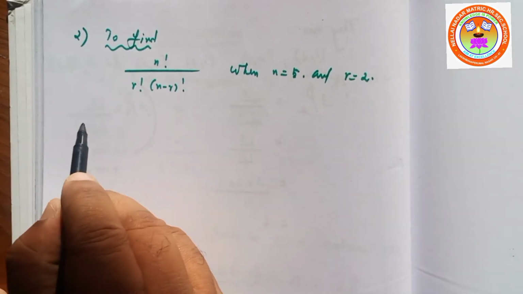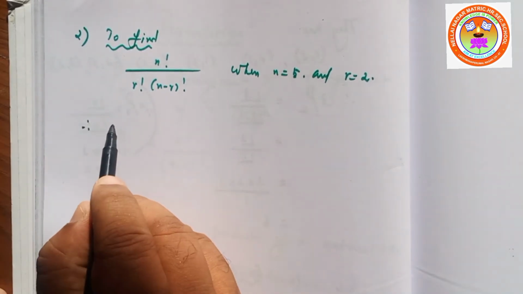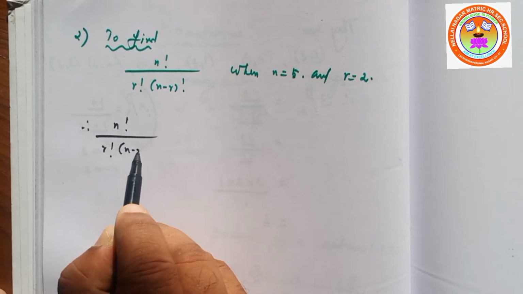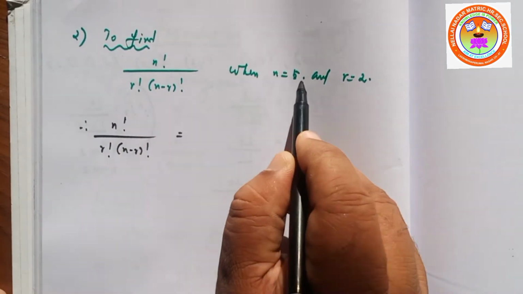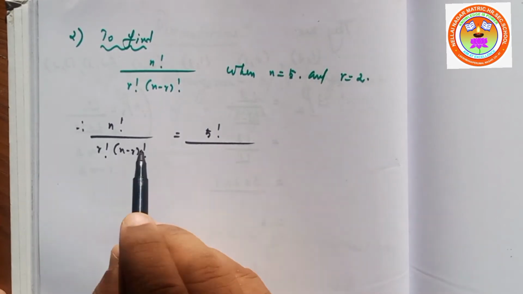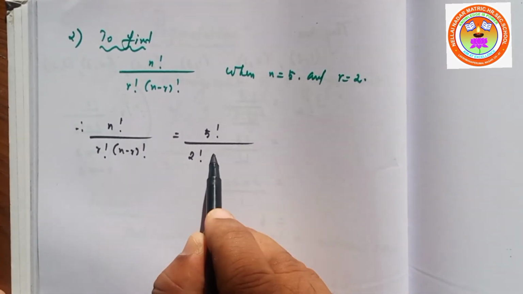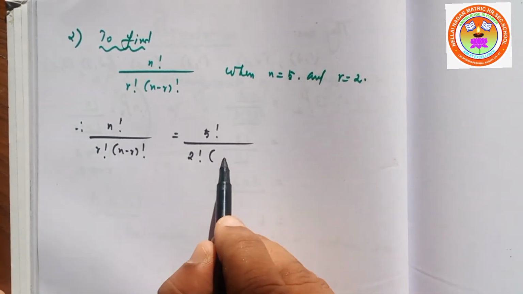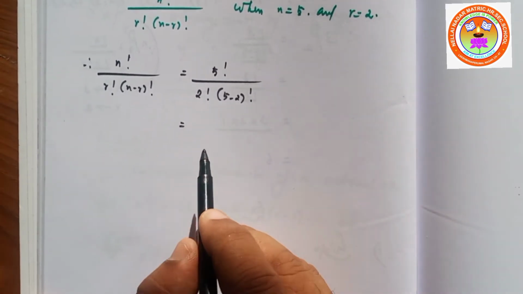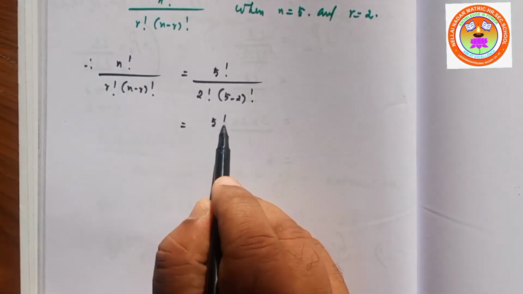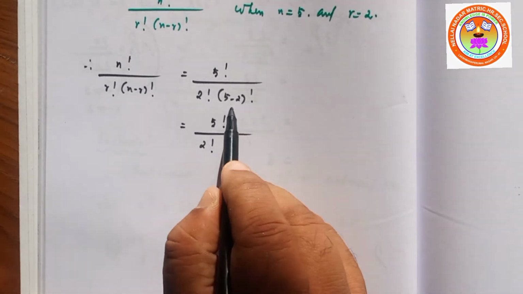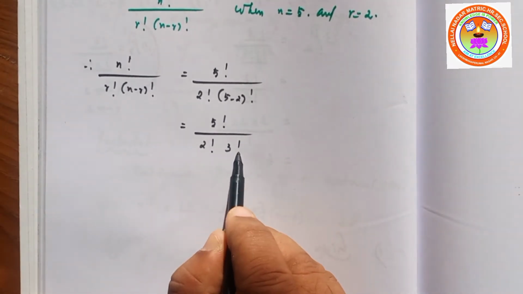So problem number 2, we are asked to find out this one, n factorial by r factorial into n minus r factorial, that is equal to n is 5, so 5 factorial divided by r, that is 2, so 2 factorial into n minus r, that is 5 minus 2 factorial, that is equal to 5 factorial, right, as it is. The next step we can simplify, divided by 2 factorial, and 5 minus 2, that is a 3 factorial.